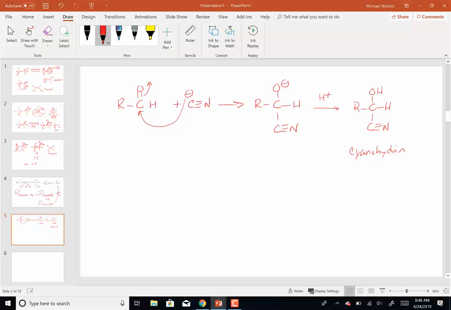As a carboxylic acid derivative, if I now react that with H plus H2O, that carboxylic acid derivative undergoes hydrolysis so that I can now convert that C triple bond N into the carboxylic acid.